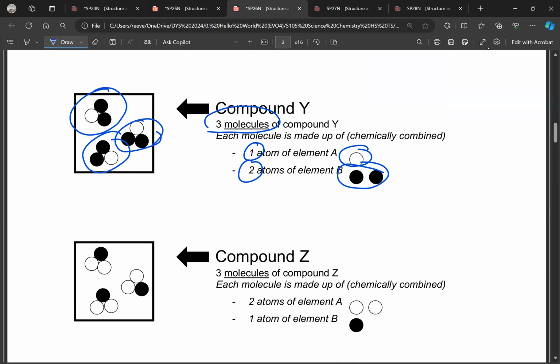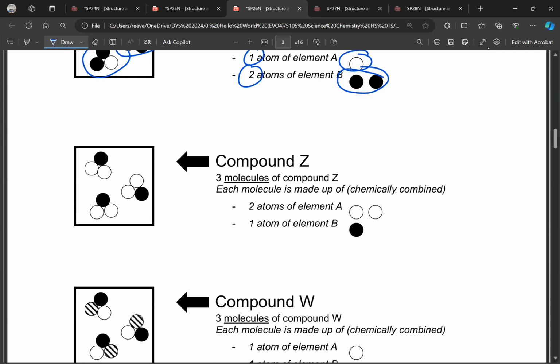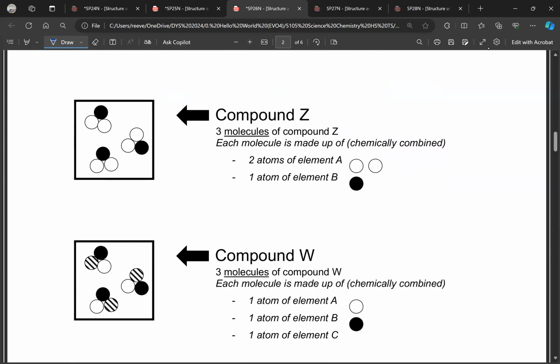Together they form a compound, because the definition of compound is 2 different elements chemically combined. So they are different, 1 white, 1 black, and they are chemically combined. Next one, compound Z. Same thing, but instead of 2 black, 1 white, I get 2 white, 1 black. They are all chemically combined because they join together, so it's a compound.